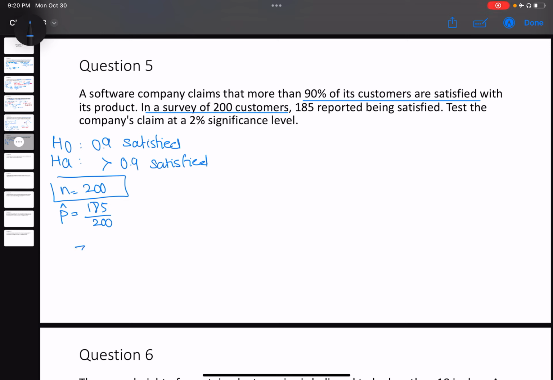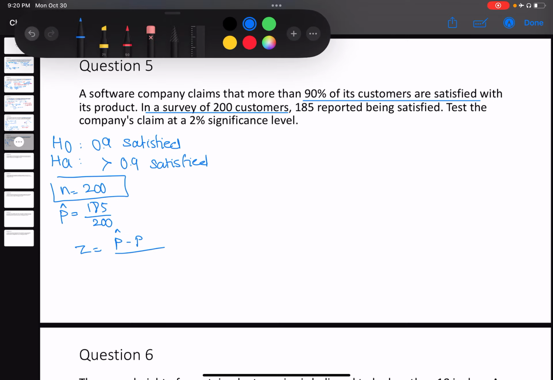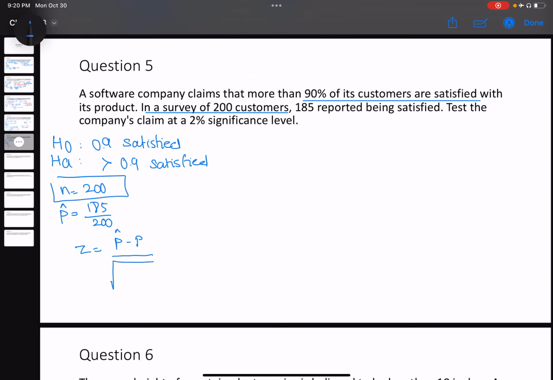We can calculate the z using this formula, p hat minus p divided by the square root of p hat times 1 minus p hat divided by n. Simply, we can get this proportion as 0.925.